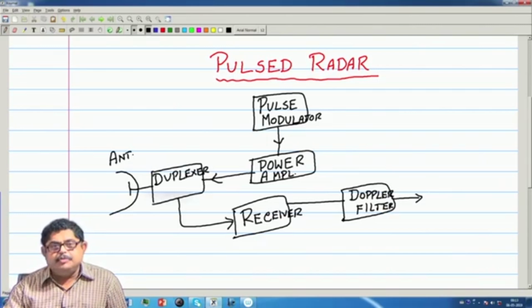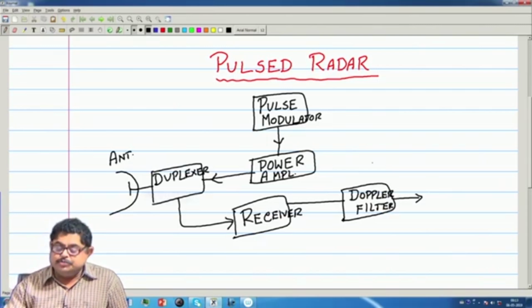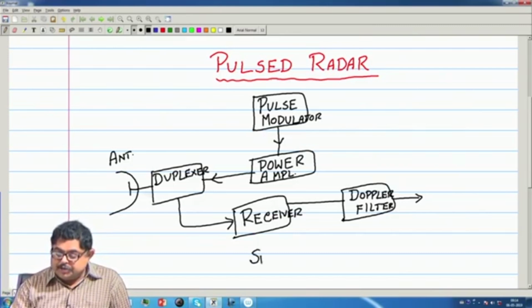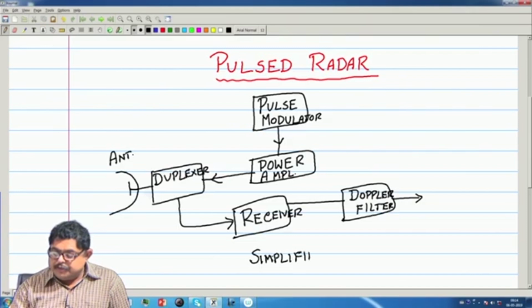So, actually instead of Doppler filter I could say the processor, various processors. So, this is a simplified diagram, simplified pulse radar.